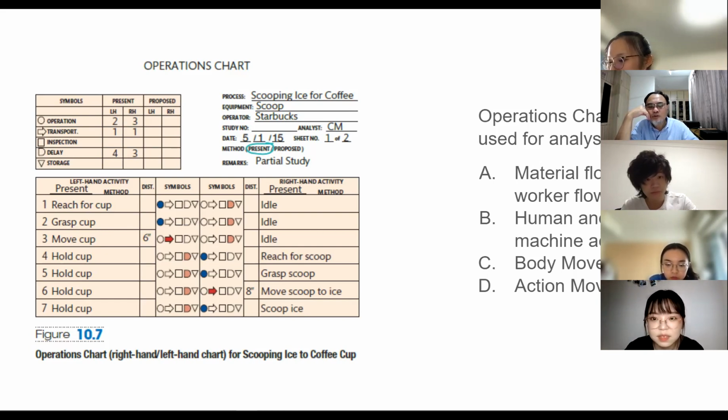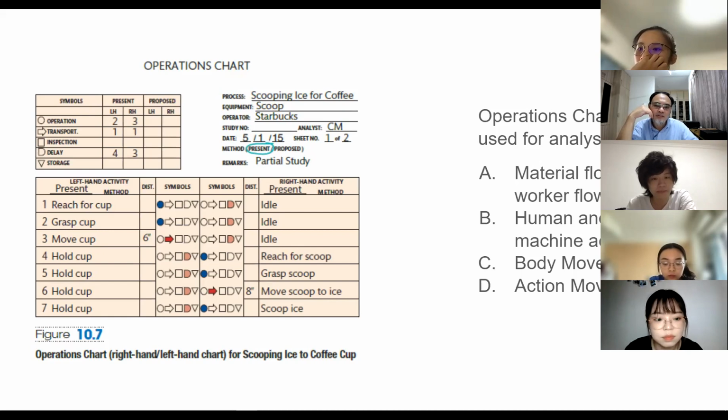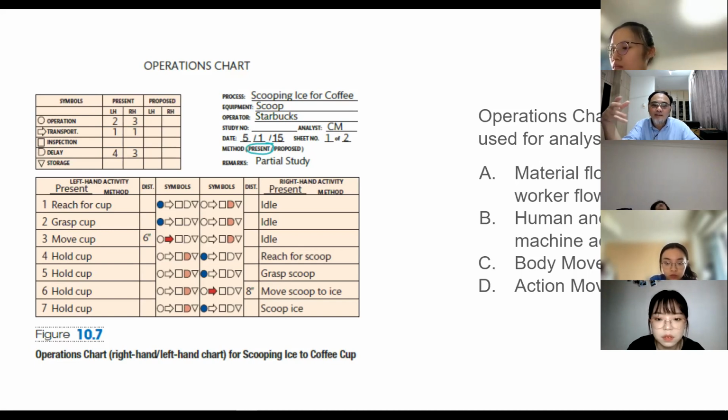Who chose B? Probably want to have an explanation why you gave B as the answer. I don't know who actually answered B. If you can identify who gave B as an answer.